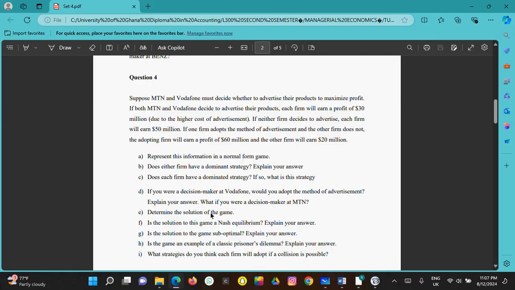Determine the solution of the game. Is the solution of the game Nash equilibrium? Is the solution of the game suboptimal? Is the game an example of a classic business dilemma? What strategies do you think each firm will adopt if a collusion is possible?